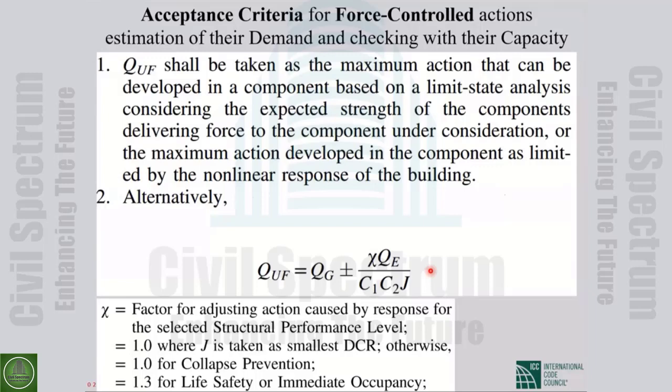If we have a beam where both ends are damaged, at one end the maximum moment is M sub P, for example, the plastic moment, and the other end is also M sub P. So the maximum shear in this beam, if we use equilibrium, will be 2 times M sub P divided by the length of the beam, which is A. We can never impose more shear on this beam than 2 times MP divided by A. But in our analysis, because it's linear, if you multiply the force by 2, shear goes 2 times, 3 times, 4 times.